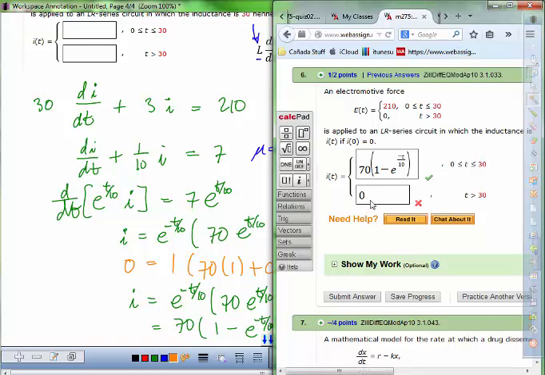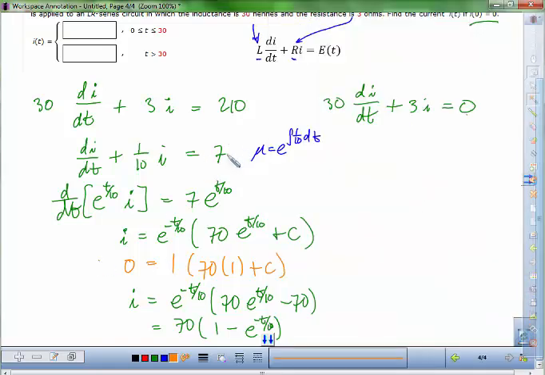Again, go through the same process, except instead of a 7, put a 0 in there. Go through the antiderivative, which will give you a constant. Antiderivative of 0 is a constant because the derivative of constant is 0. So you can check that and then go through the process and put in your initial conditions and see what you get. Okay, that was interesting.